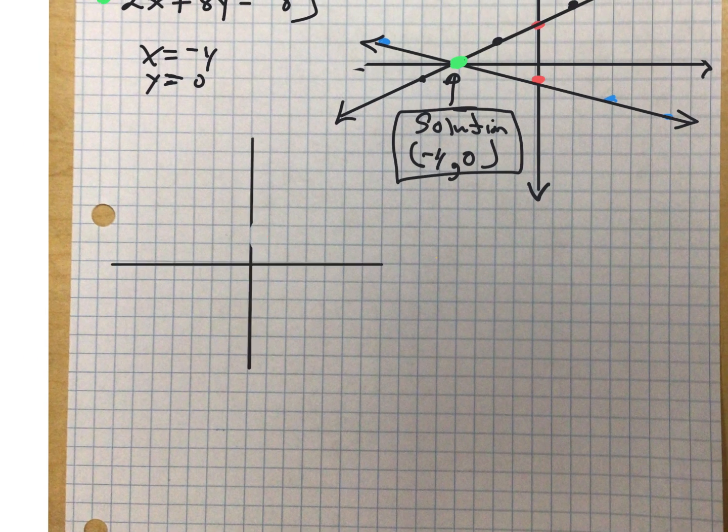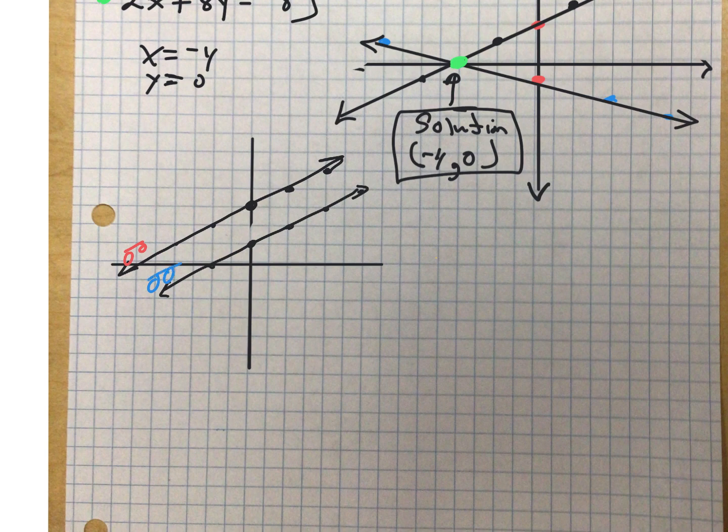So what happens if you have a problem where you're graphing a line and the lines come out to be parallel. So there's one line, and then let's say the next line is something like this. So we say, what's the solution? Well, if a car was on this road, and then another car was on this road, would they ever crash?